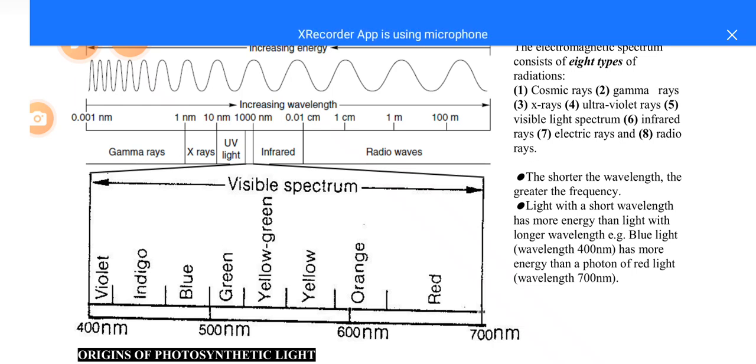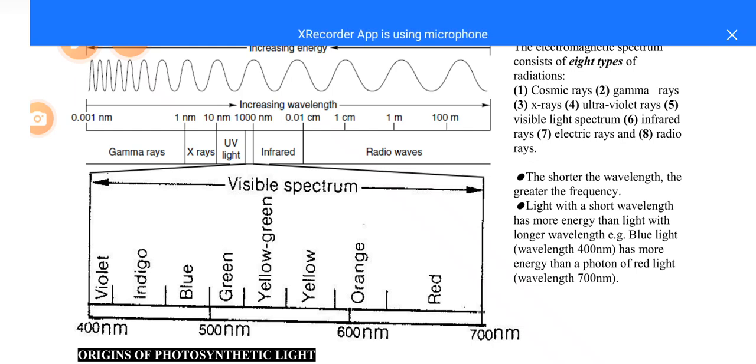But this is also very important to note under this spectrum. The shorter the wavelength, the greater the frequency. I hope you remember this from physics of O level. Then number 2, light with a short wavelength has more energy than light with a longer wavelength.